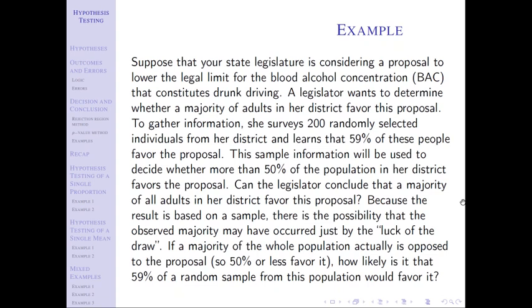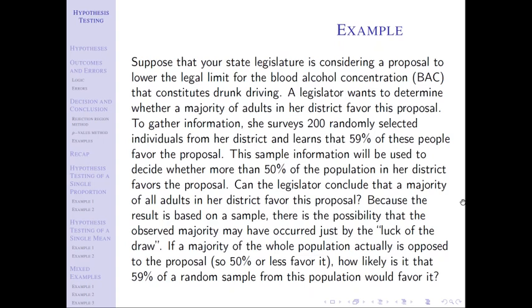How likely is it that we would have gotten results like we did? How likely is it that 59% would favor it if the truth is actually less than half? This is the basic framework of a hypothesis test: what if my hypothesis is correct? What's the likelihood that we would have gotten data like we got just by chance?